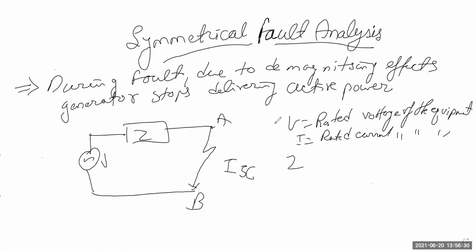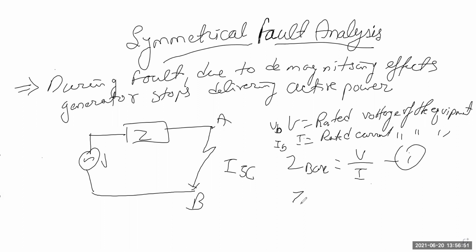We'll have a base, that will be your VB, and similarly your IB. Now, when VB and IB are there, Z base would be V by I. This is one equation we get.